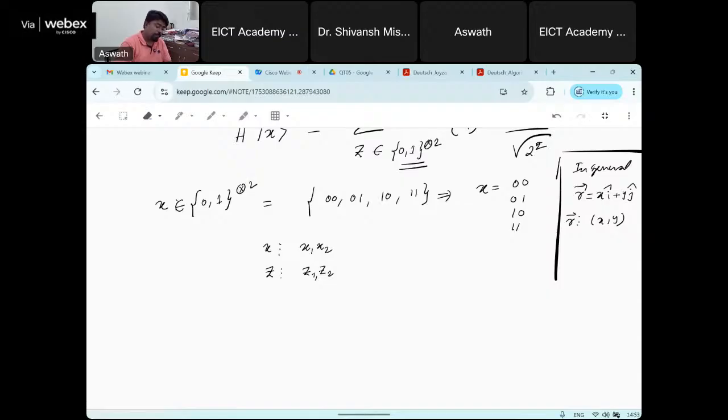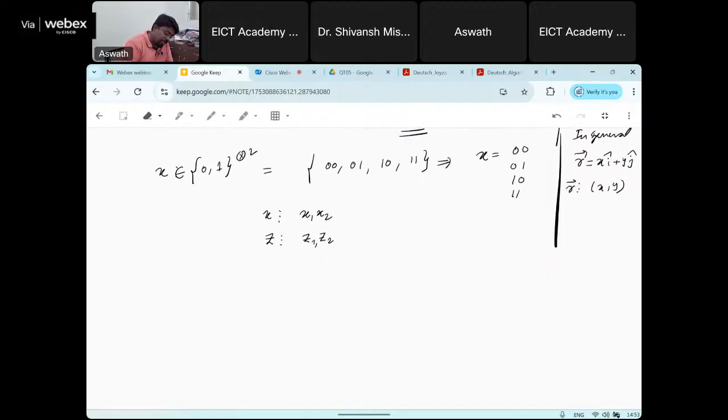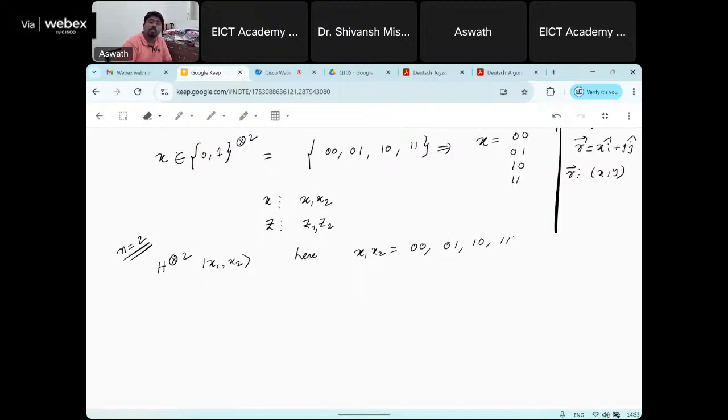So right now let's take H acting on x1, x2, for n equal to 2 case. I am talking about the generic case. Now here, as you know, x1, x2 would look like 00, 01, 10, 11. Let's choose one of the cases, H acting on x1 tensor H acting on x2.